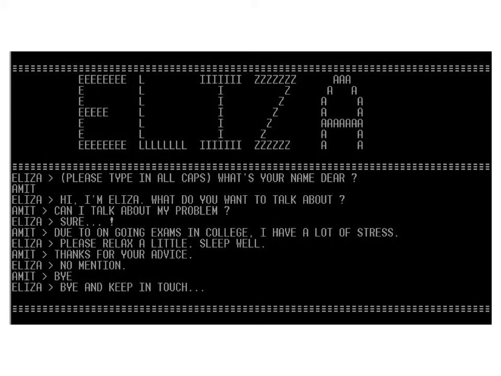Eliza is an old text chatterbot, one of the very first ever made. We'll talk about it in many ways over this course. Eliza is a system that's able to take words that you have said to it, look for certain patterns in your sentence, and make sense of it.